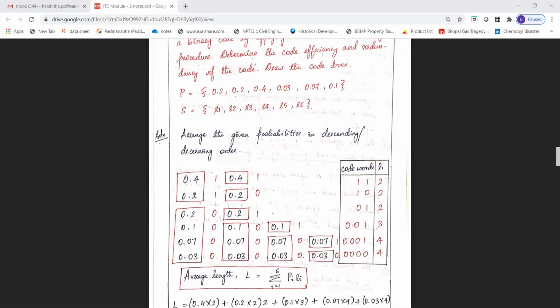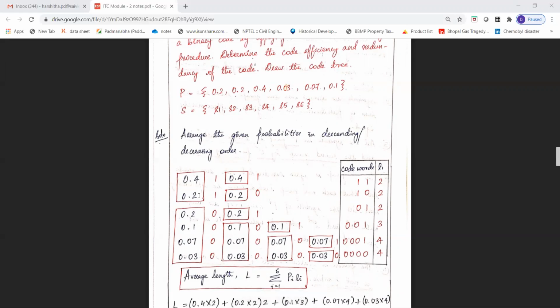Here you can see the first and second values are 0.4 and 0.2. After adding that I'll get 0.6. Now here I have 0.2, 0.1, 0.07 and 0.03. After adding all these I'll get 0.4. So this 0.4 is approximately equal to 0.6.